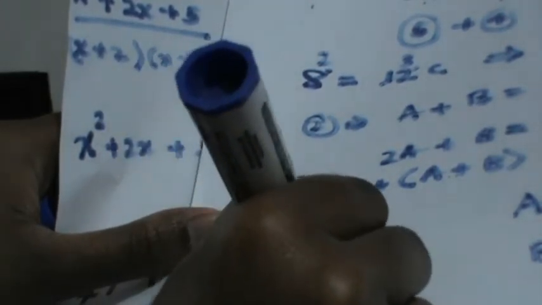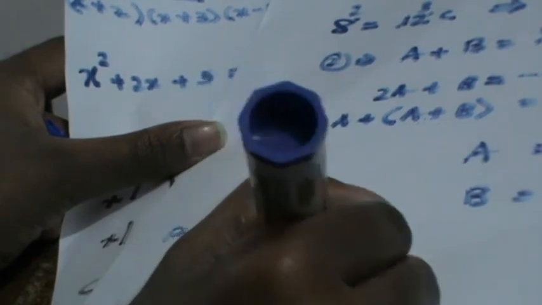So the partial fractions would be, so the given function is x squared plus 2x plus 5 divided by x plus 2 times x plus 3 times x minus 1. So that is equal to a divided by x plus 2.